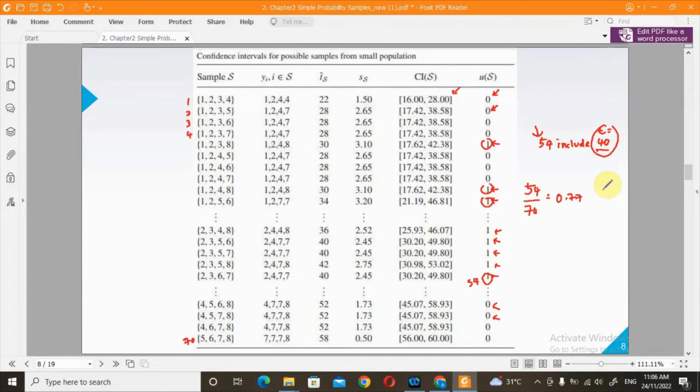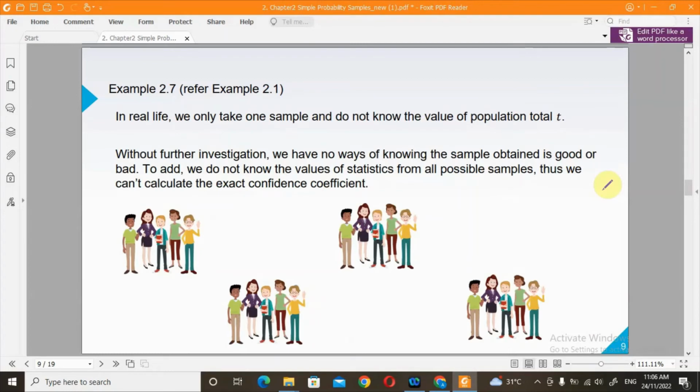confidence interval. And of course, in real life, we take only one sample, right? We do not take all 70 possible samples. Only one possible sample will be randomly chosen from all.